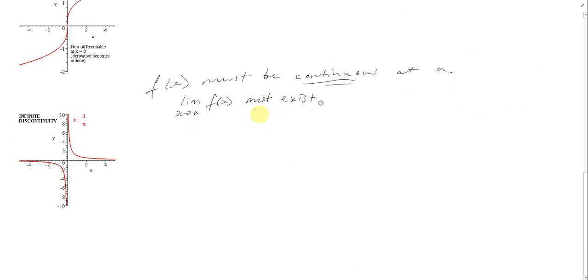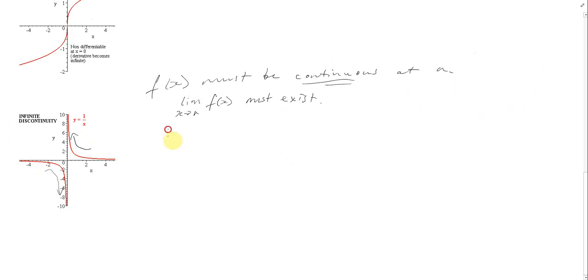And for a limit to exist, what that means is this limit, if you approach from the negative side, as we go this way, must be the same as the limit as you go this way. Now let me give you some more explanation of what that really means.